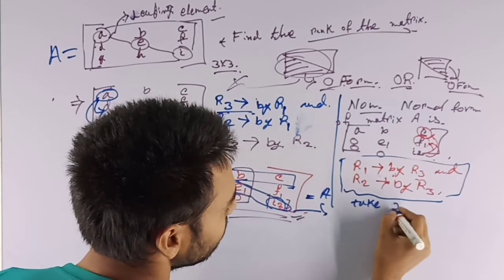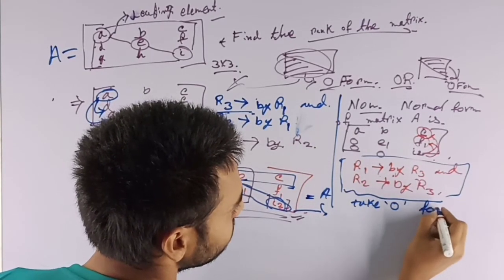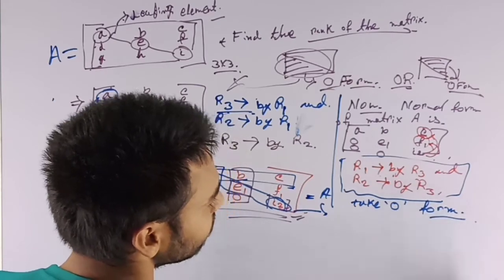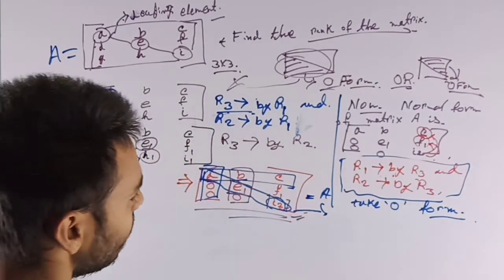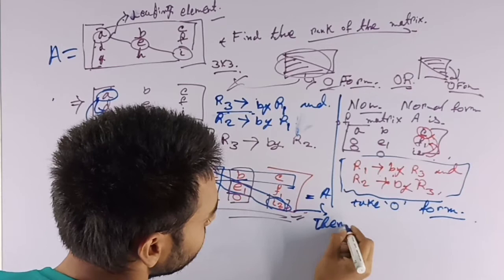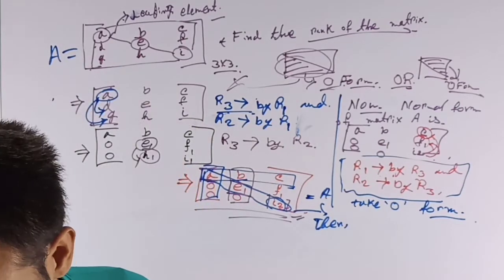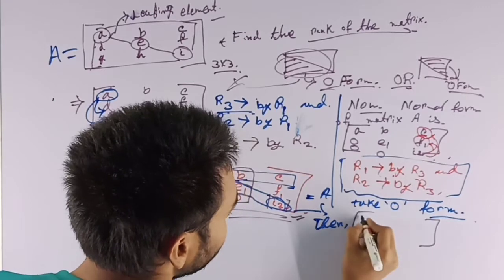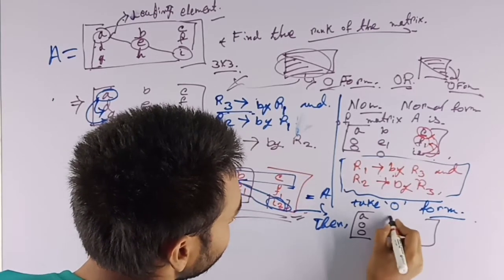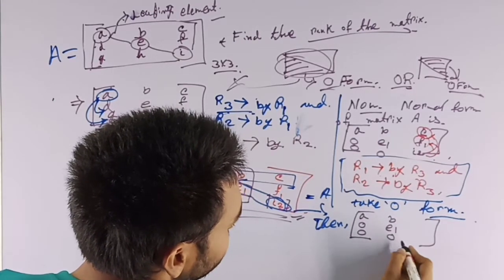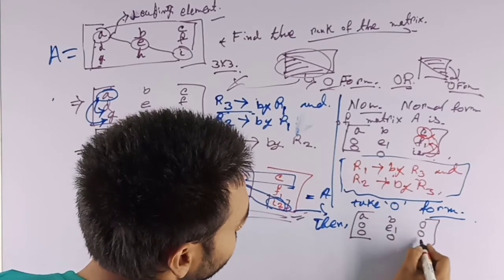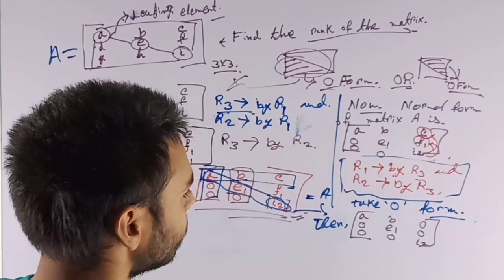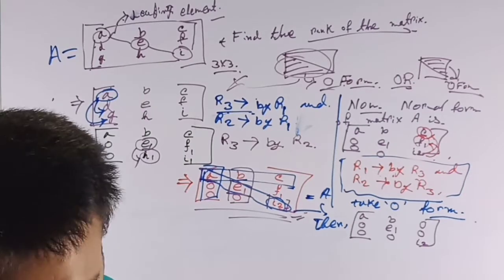So now take the 0 form of this element. Also C and F1 is taking us 0, then A00 B E1 0 C 00 0 I2, that's it.